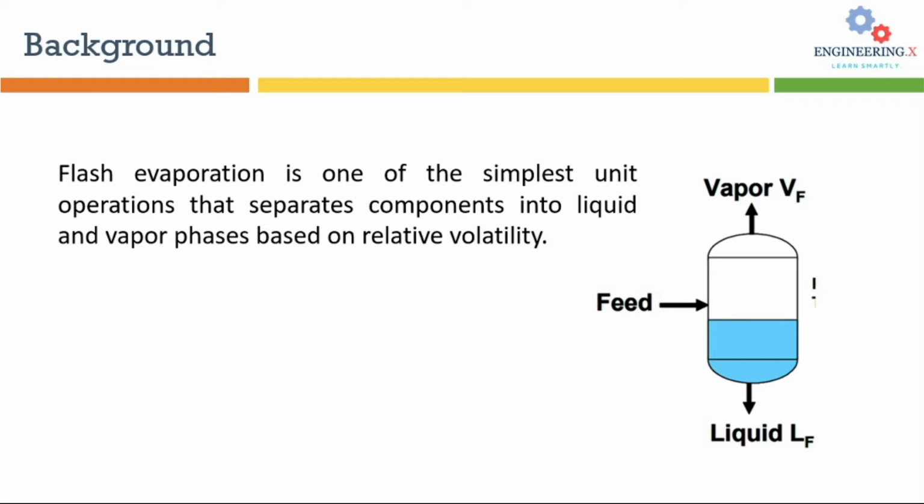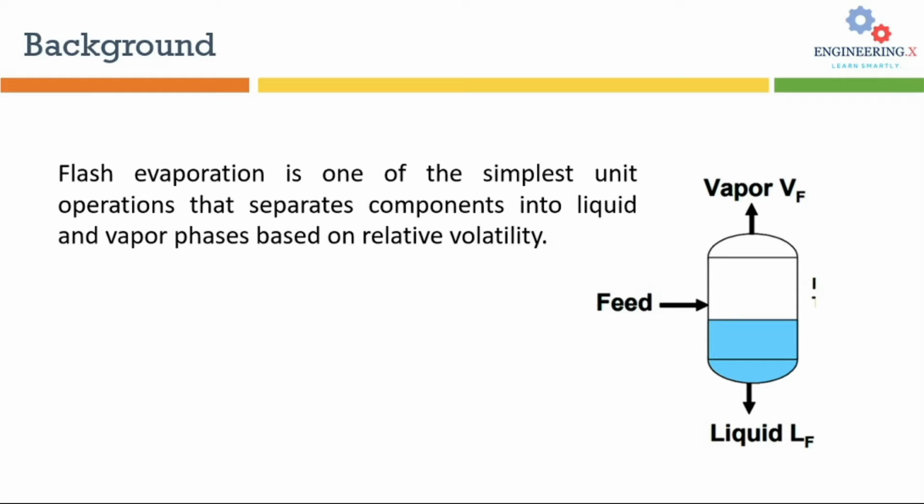Flash distillation acts like a single stage of a distillation column, where liquid and vapor are in equilibrium and they are separated based on the difference in relative volatility of different components.